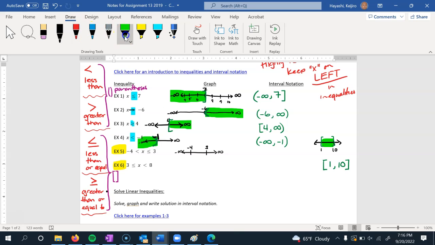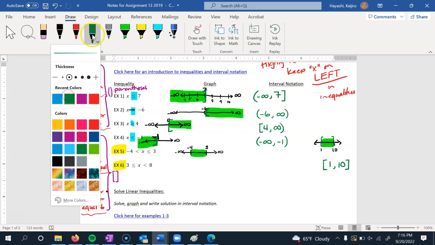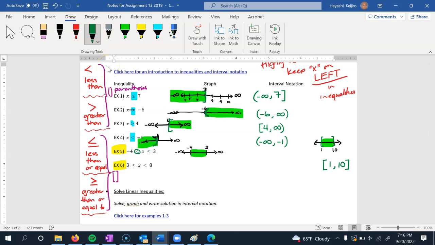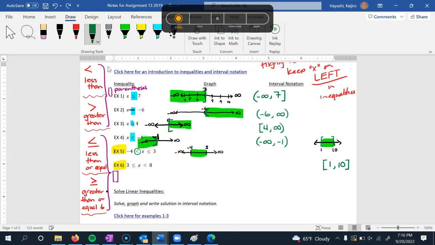Okay. So x is in between -4 and 3. So x is any number in between -4 and 3. Now, does this -4 have a bracket or a parentheses? Because its symbol is strictly less than, it's going to have a parentheses.